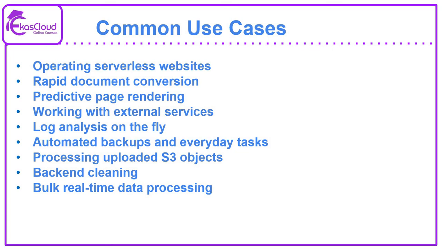That will be the main use case discussed in the next slide. Also, Lambda is very useful when you require back-end cleaning of your website or your bucket, and for bulk real-time data processing. All you need to do is customize code that would carry out this function, and that would be very useful in this instance.